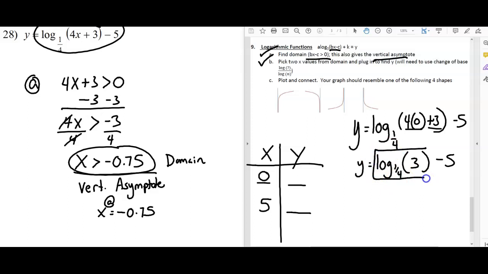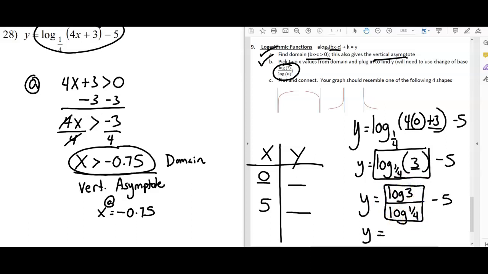Now for this piece, we want to do the change of base formula. And the way that that works is you're going to do log base 10 on the top and bottom. This number goes on the top. The other base goes on the bottom. And from there, this is all a calculator thing. So I'm going to punch this into my calculator and I'll see what I get.